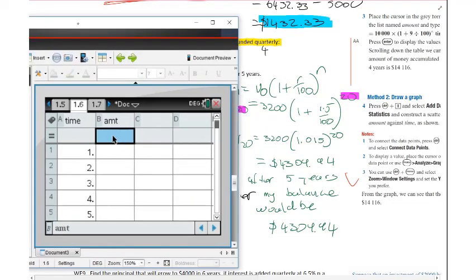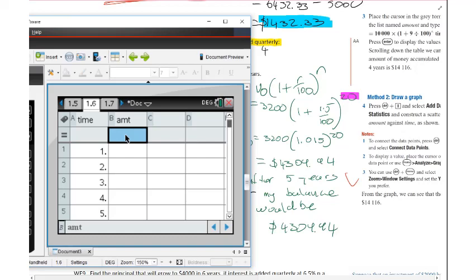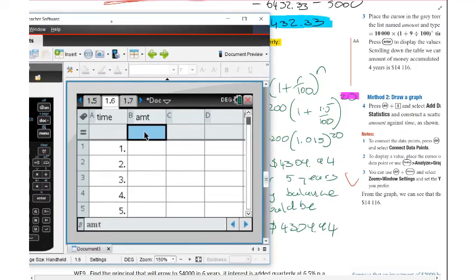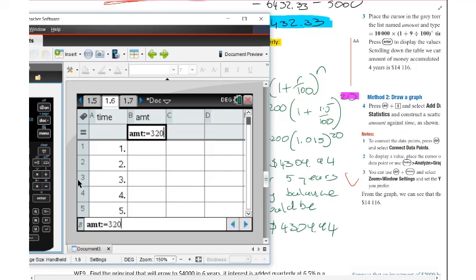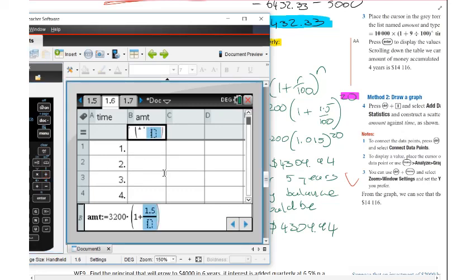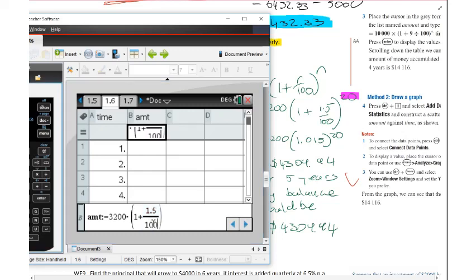Okay, so I've still got to be able to see stuff here myself. I'm going to go equals 3200 times, make sure I put the bracket there. I'm going to put 1 plus 1.5 there, and then underneath that value is 100.